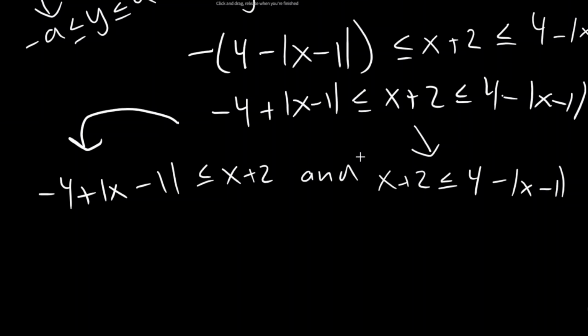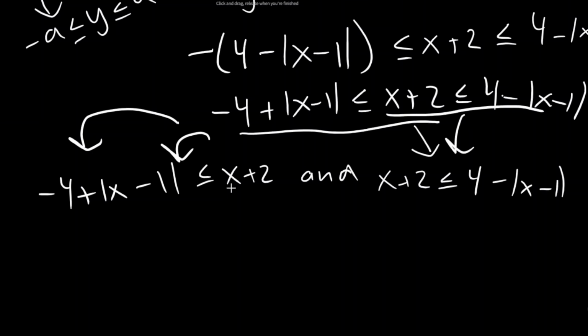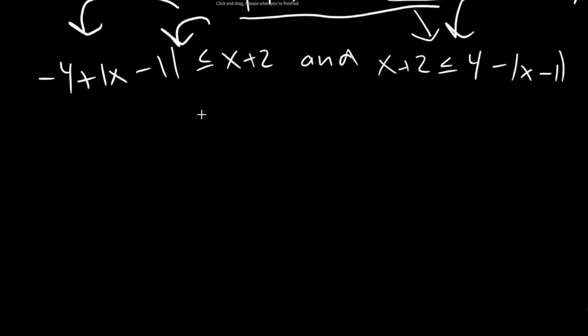And if you're not sure where we got these, well, basically it has to satisfy both, so I literally just copied it down, and it has to satisfy this equation, so I literally just copied it down. And that's why the "and" is here, because it has to satisfy both. If they're in one statement, they have to satisfy both.